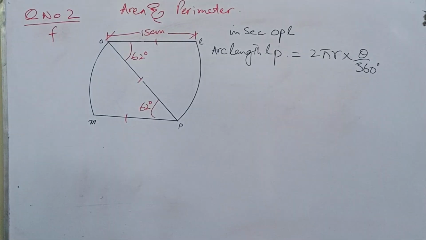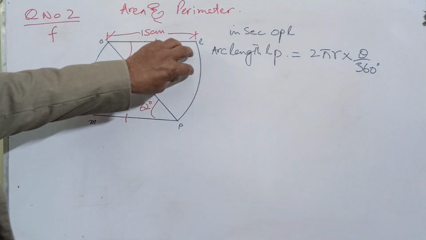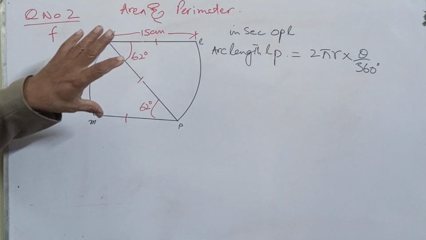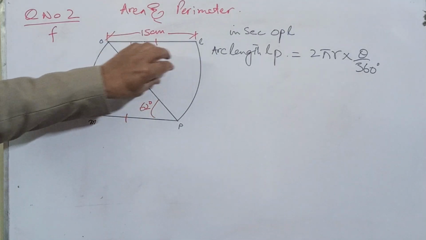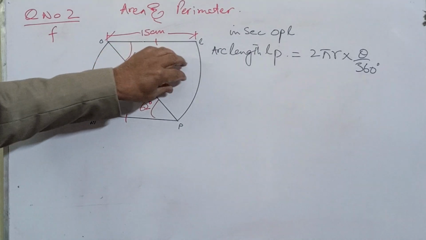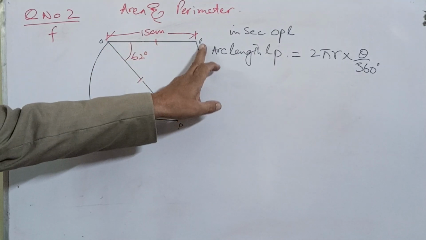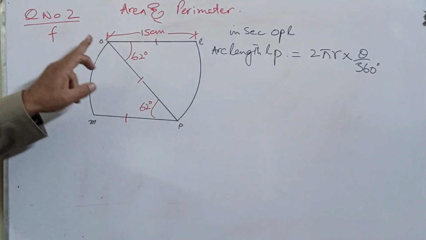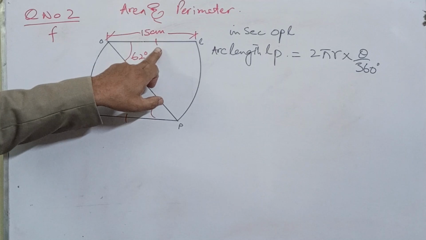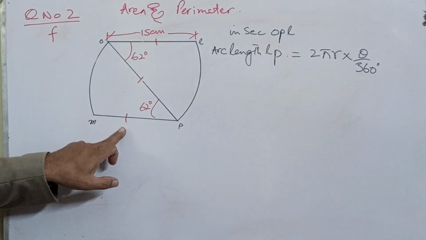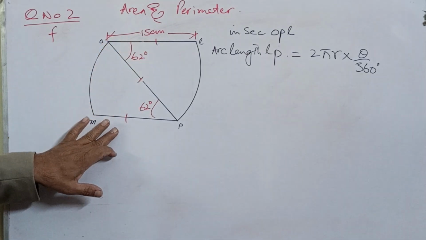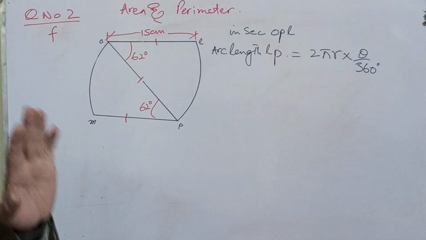My dear students, don't forget that these two sectors are equal in every respect. This LP must be equal to OM, because this line is given to you, this line is given to you, which means that all three radii are equal in length.